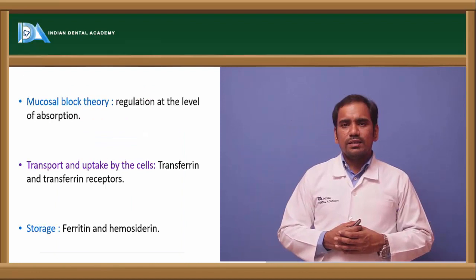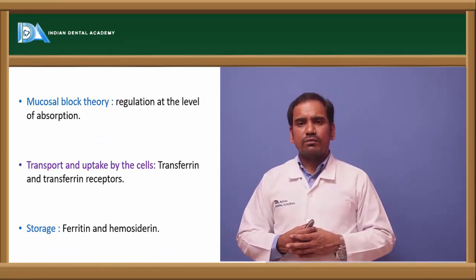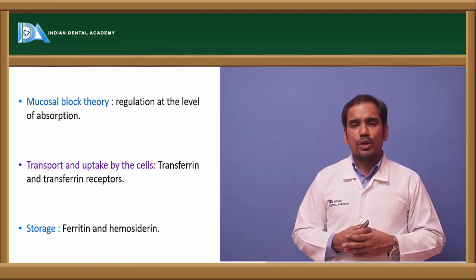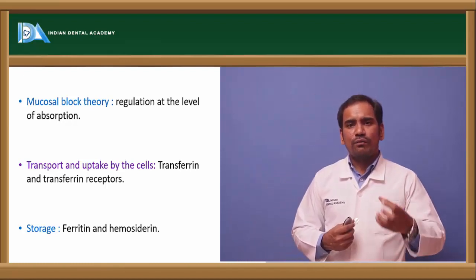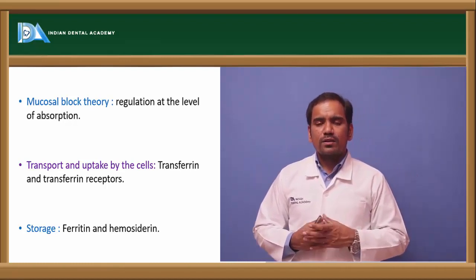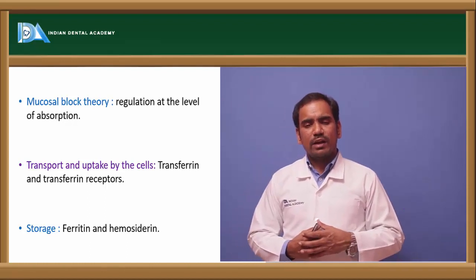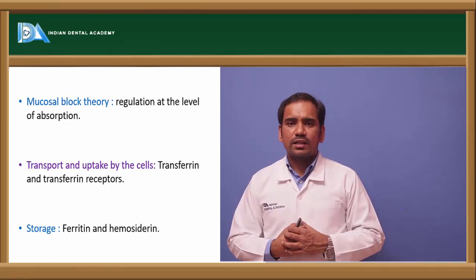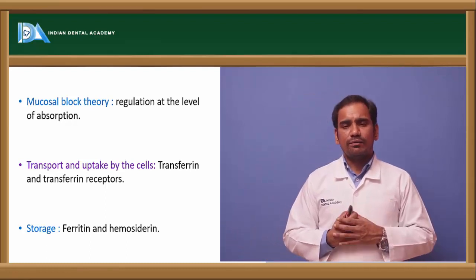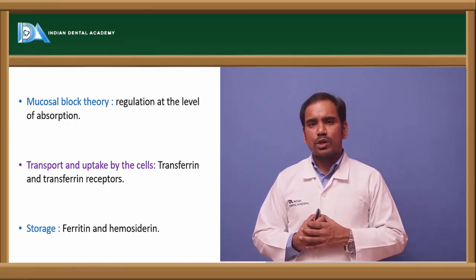The most important aspect of iron metabolism is that it is regulated at the level of absorption. Other nutrients have regulation at the level of absorption and excretion, but iron is regulated only at the level of absorption.